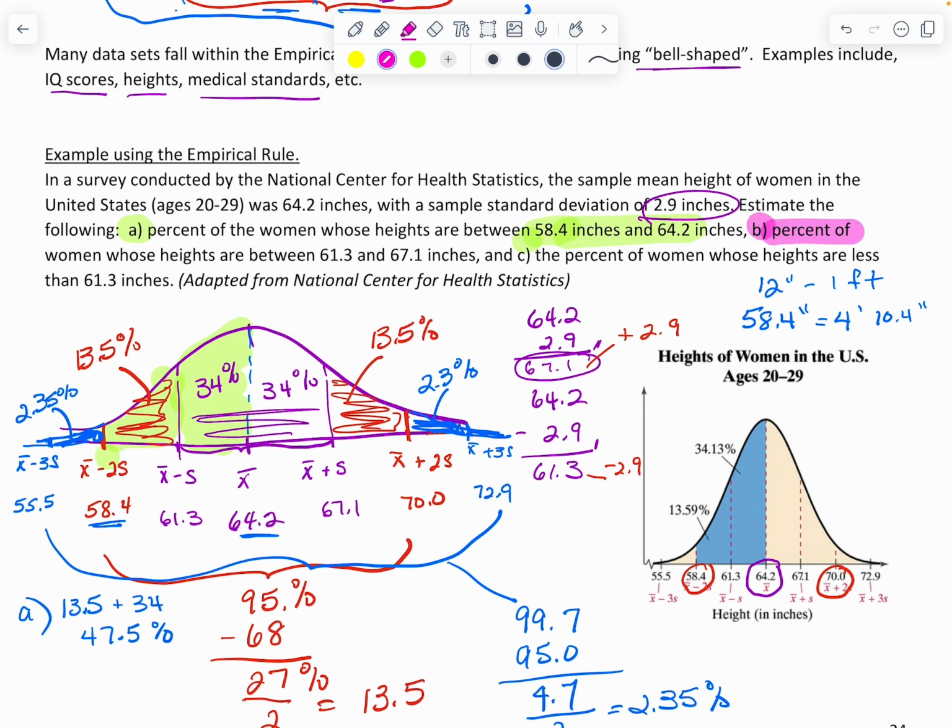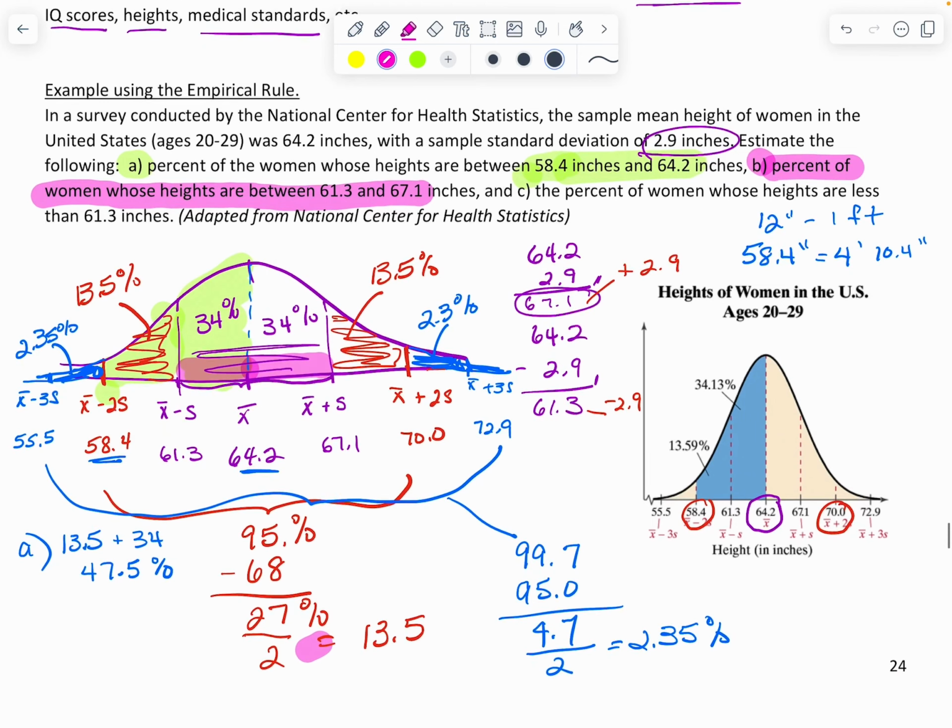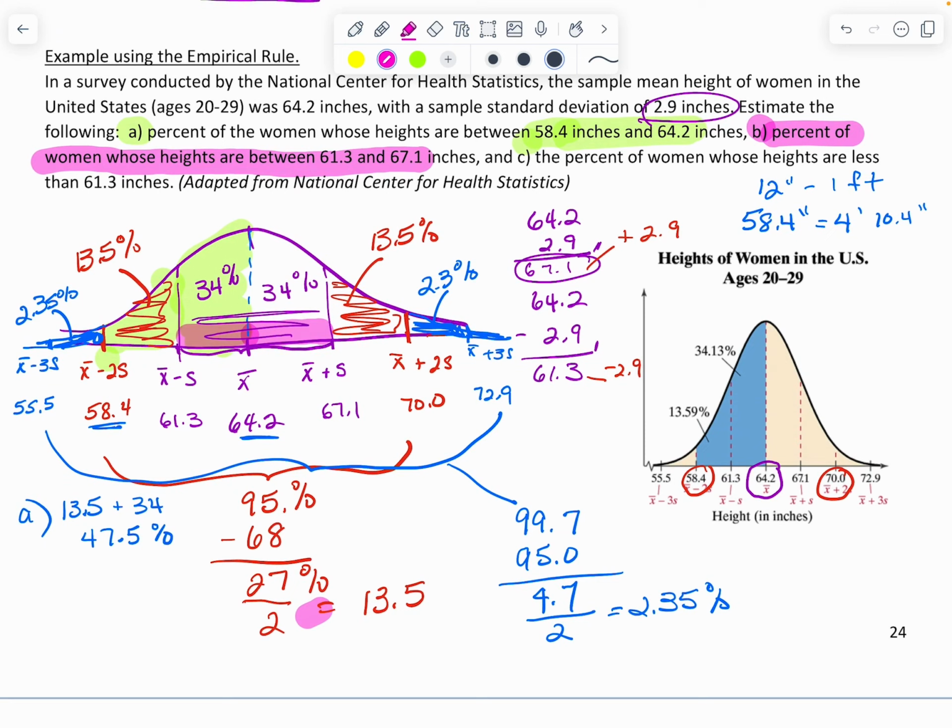All right. The B part. What percent of women have heights between 61.3 and 67.1? So that would be, find your 61.3, so that's going to be this section, all the way up to 67.1, which is this pink section.